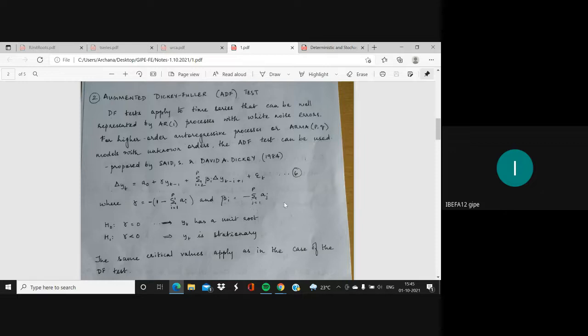If you think there's no drift and no time trend, you could simply include only gamma y(t-1) and these lagged values of the dependent variable. If you think there's a drift, then you can use equation 6. If you think there's a drift plus a time trend, then you can also add a2t to this particular equation and then estimate that model.